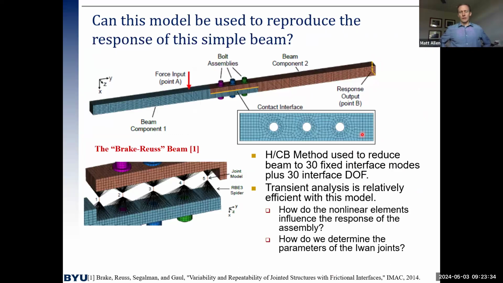All right, so can this actually capture the behavior of a real structure? This is a benchmark that Brake and Royce introduced several years ago. So there's 3 bolted joints. It's a lap joint. And we actually modeled it with 5 joints because there's contact at the ends of the beam.